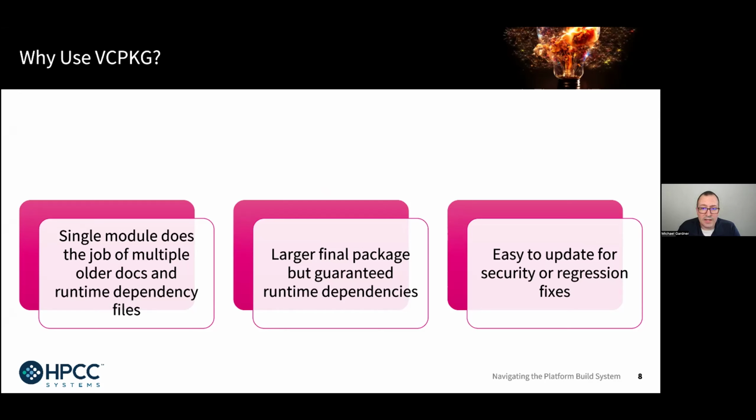It also makes it extremely easy to patch security and regression fixes in third-party libraries. Generally, if there was a security fix that needed to be made, we would have to wait for the package managers, for instance Ubuntu or CentOS, which is all end of life now, but it's the same process.